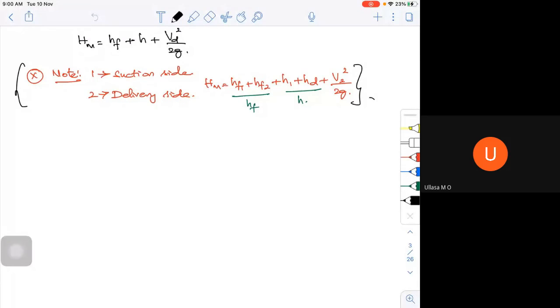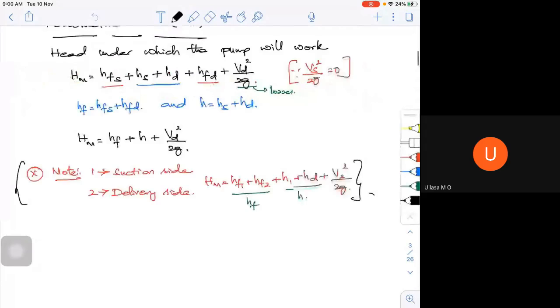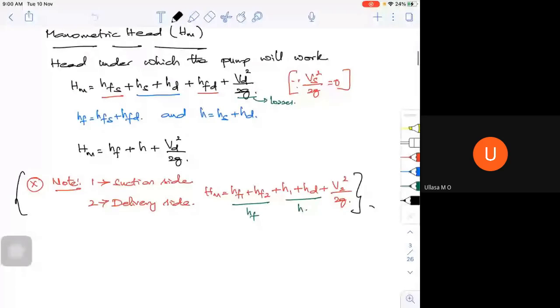Okay. Now, what we did was look at the construction of the centrifugal pump yesterday. Then we looked at different pressure heads associated with the centrifugal pump: the suction head and the delivery head. Then we had the frictional losses, or frictional heads as we call them, on the suction side as well as on the delivery side.